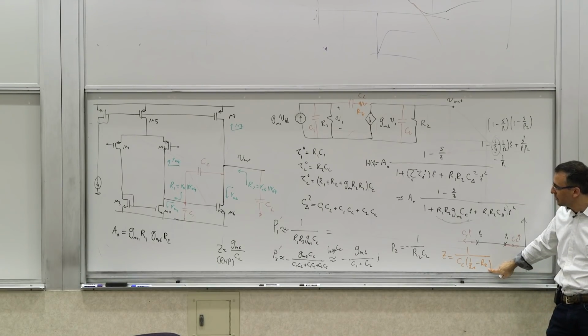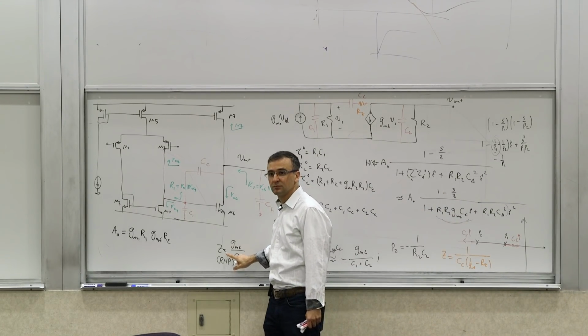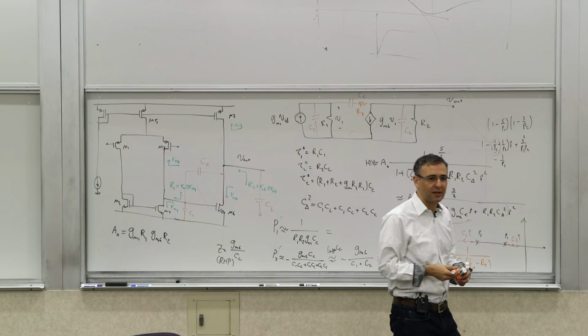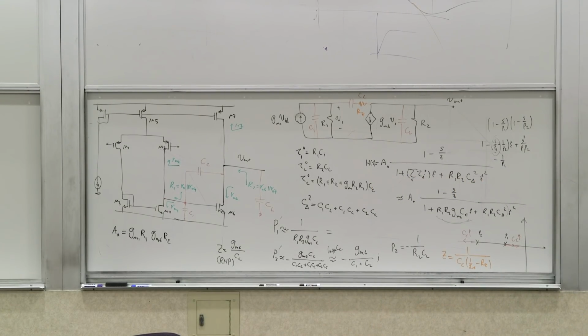If you set RZ to 0, it reduces to that guy, right? For 0 RZ, when RZ is not there, it just reduces to what we had before.